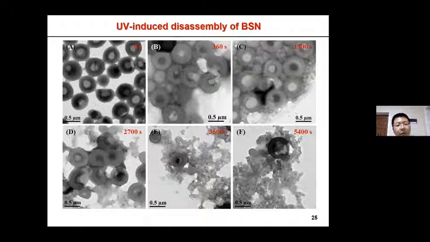When exposed to UV light, the bowl-shaped nanoparticles first swelled and then disassembled to form polymeric segments with the elongation of UV exposure. When the exposure time is 5,400 seconds, we found that all of the bowl-shaped nanoparticles disassembled and only irregular aggregates were formed.